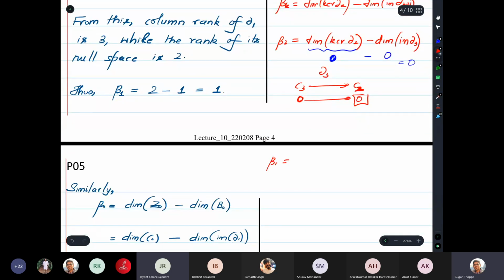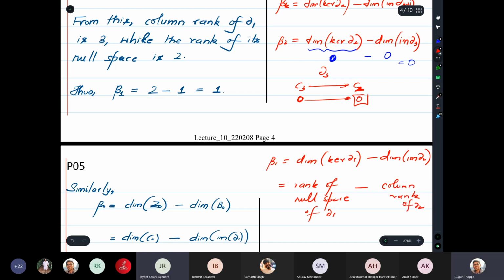So Betti 1 is the dimension of the kernel of ∂1 minus the dimension of the image of ∂2. So this is the rank of the null space of ∂1 minus the column rank of ∂2.